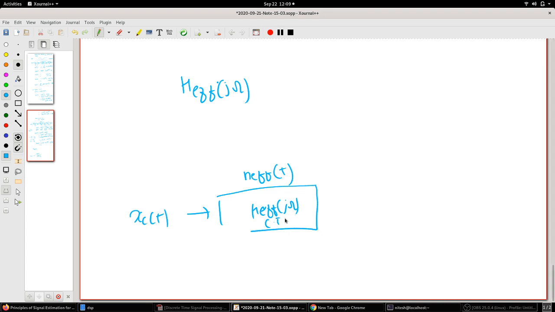It's a continuous time system, although underlying it is discrete time, because you have a C to D and D to C with a discrete time system in between.